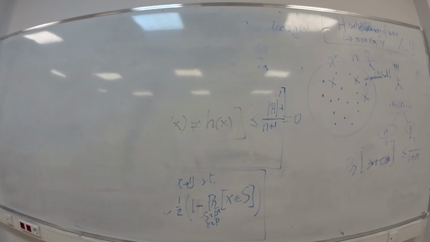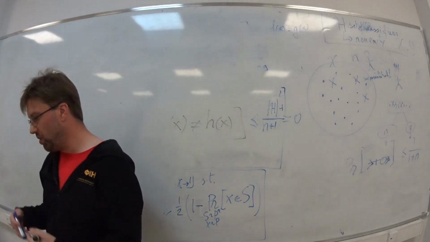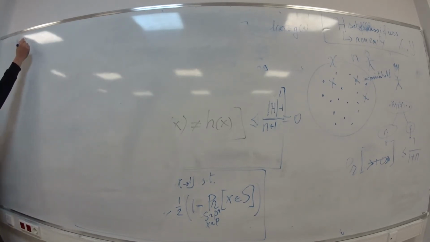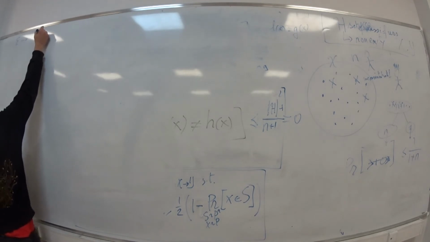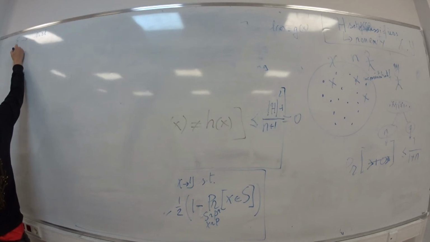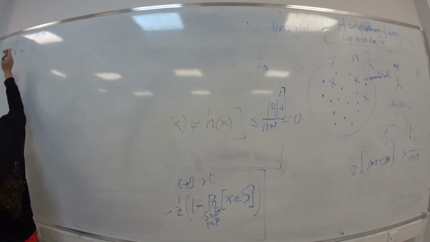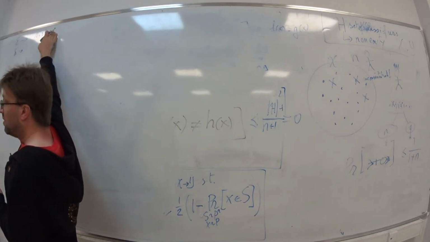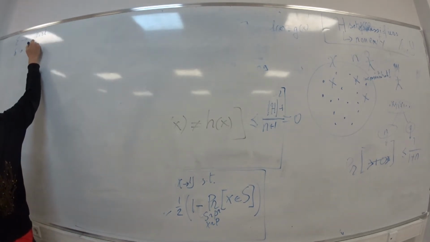So, how many samples do we need to output a small risk classifier with high probability? And so there are two parameters. There is epsilon, which connects to the risk bound, our goal in terms of risk bound. And delta controls with what probability we want to have a small risk bound. Failure probability of learning.